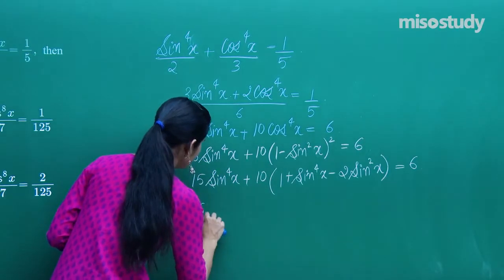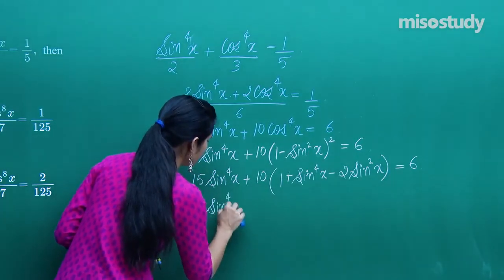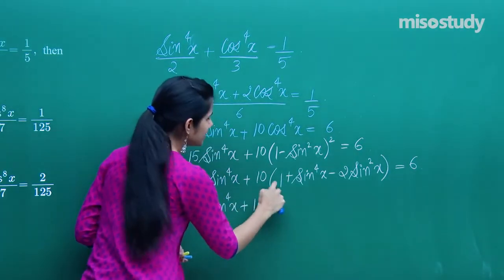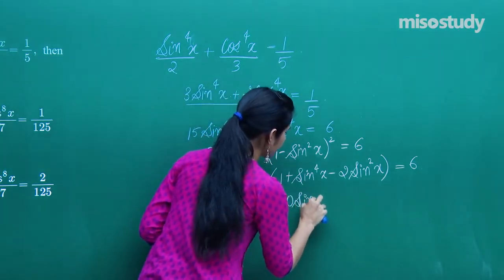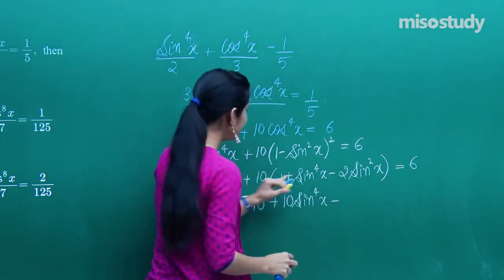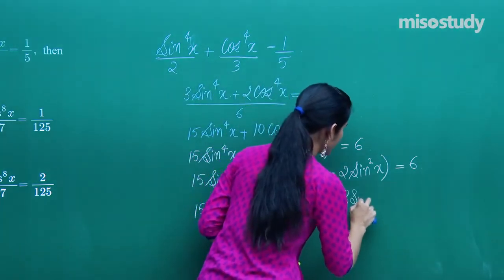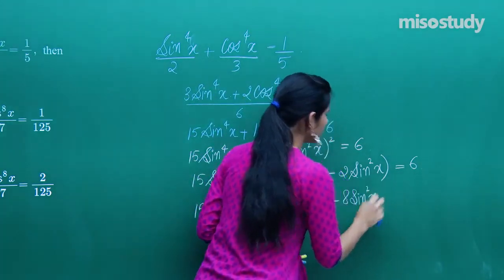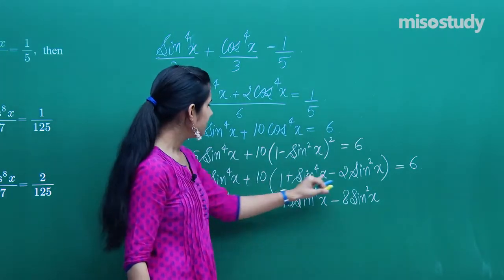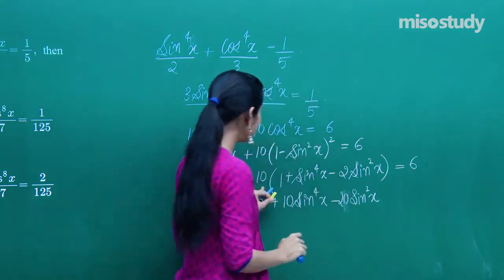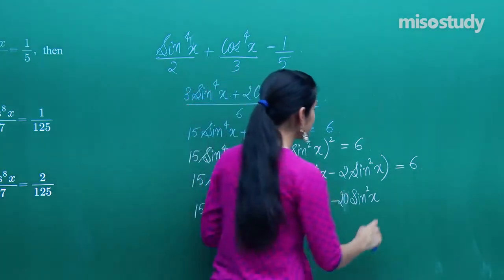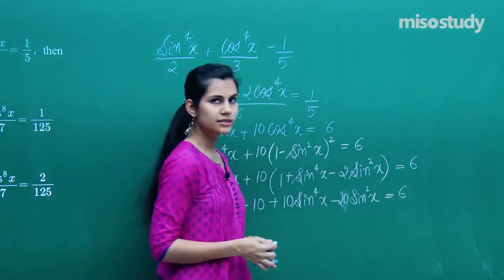You have 15 sine 4x plus 10 sine 4x minus, 10 into 2, that's 20, 20 sine square x equals 6.